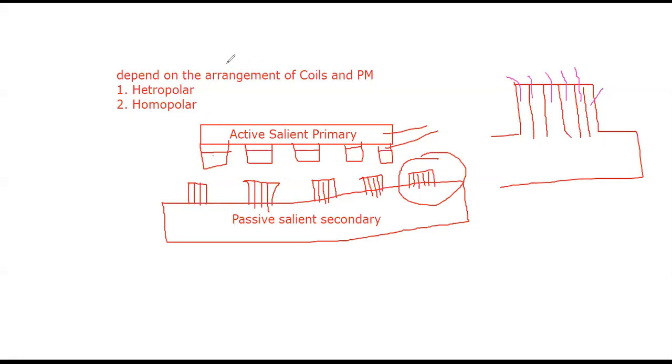If this one is ferromagnetic, the next one will be non-ferromagnetic. So one is ferro, another one is non-ferro, and like this the arrangement is done for the entire saliency of the secondary.